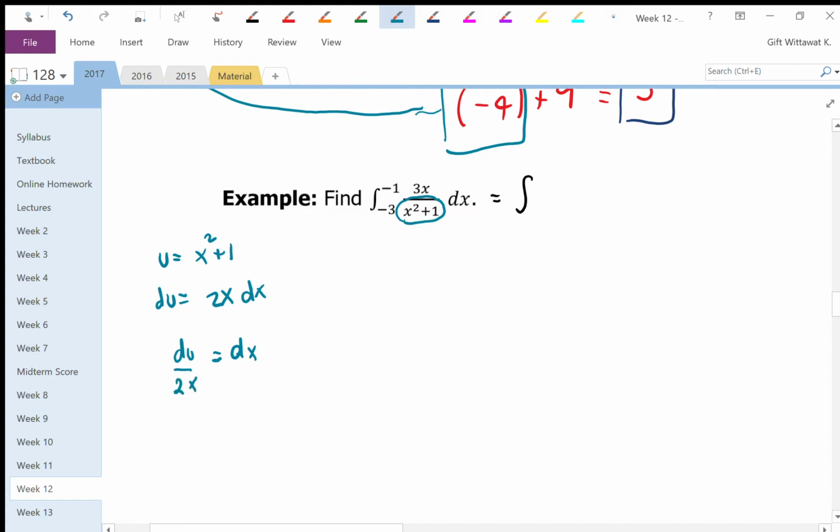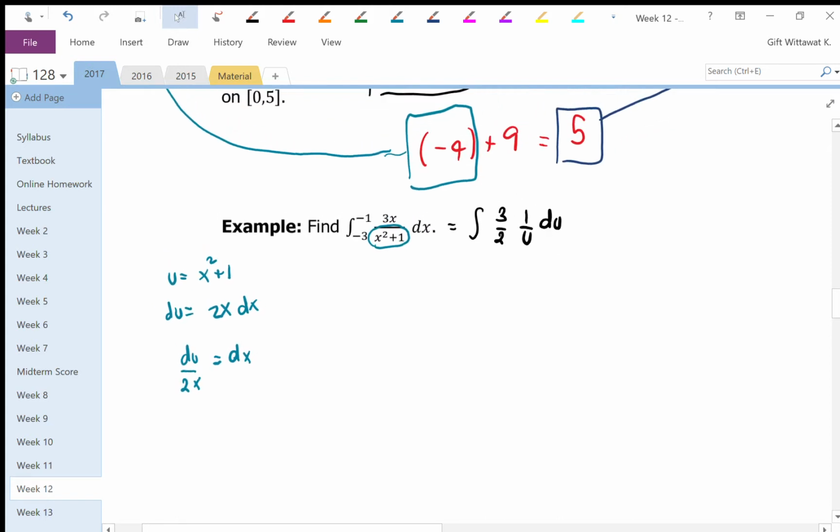So when I substitute things back, I'm going to get a constant 3/2 here. So my whole thing is going to be the integral of 3/2 times 1 over u du, because my x squared plus 1 is my u, and my dx is du over 2x, so the x gets cancelled out, but I still have the constant 3/2 left over.